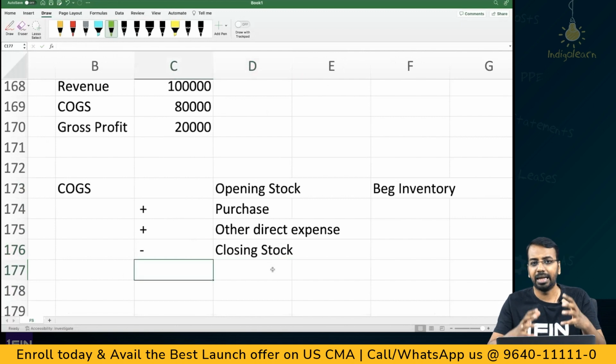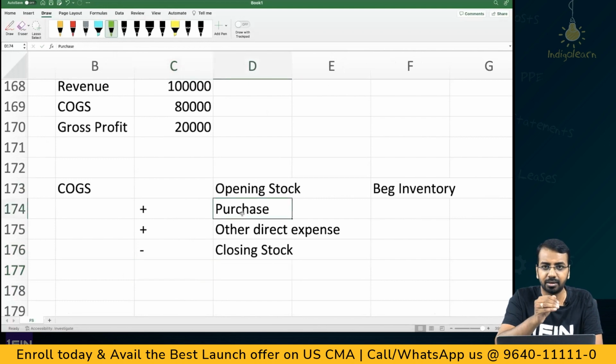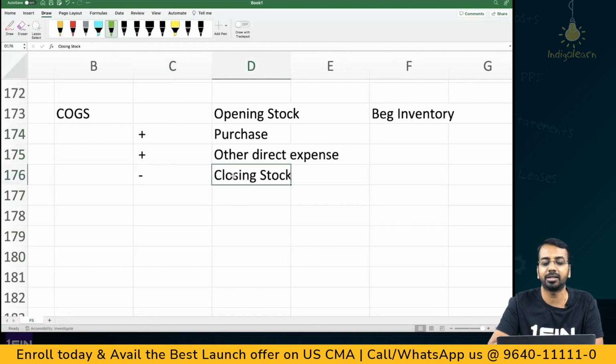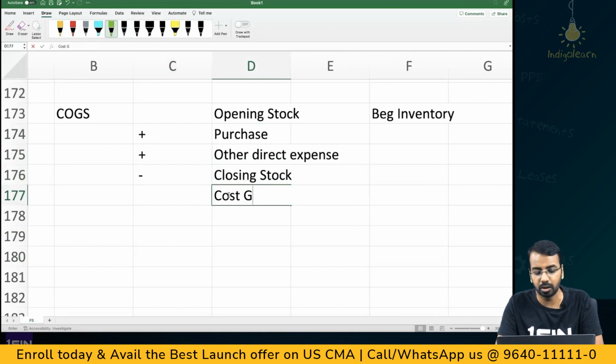So what are we saying? We have some amount of opening stock, and then we purchased some goods, we incurred some more expenses, and there is some item lying as closing stock. Whatever is the resultant of this is called cost of goods sold.